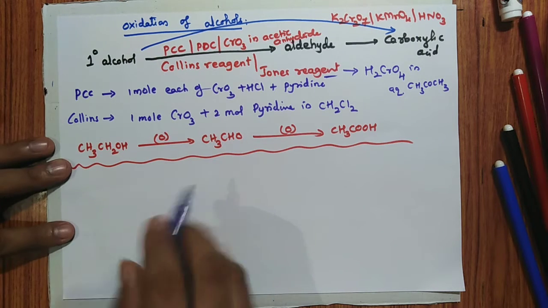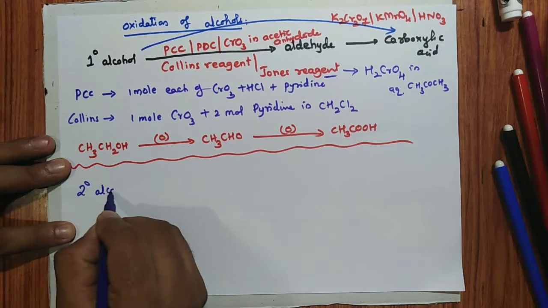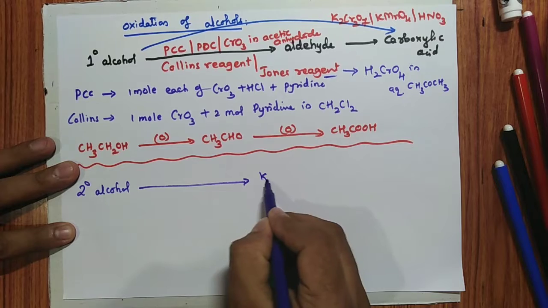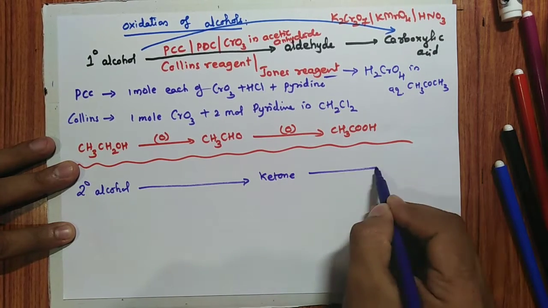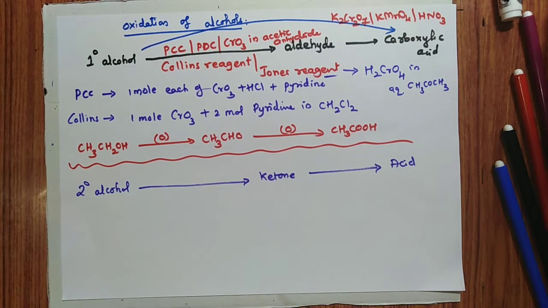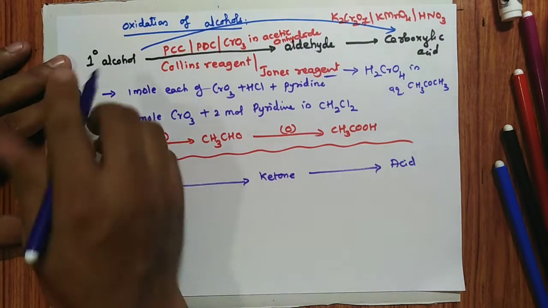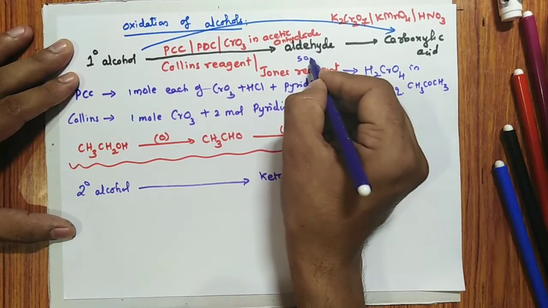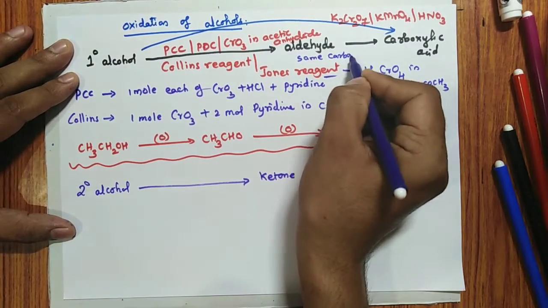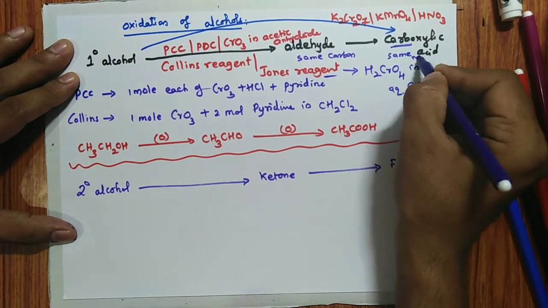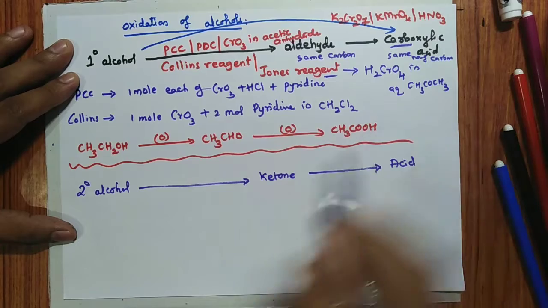So this is about the primary alcohol story. Now we will see the story of secondary alcohol. Secondary alcohol is converted first into ketone, then gets converted into acid. A very important point to be remembered in this case is, whatever the number of carbon atoms present in the alcohol, the aldehyde has the same number of carbon atoms, and the carboxylic acid also has the same number of carbon atoms.